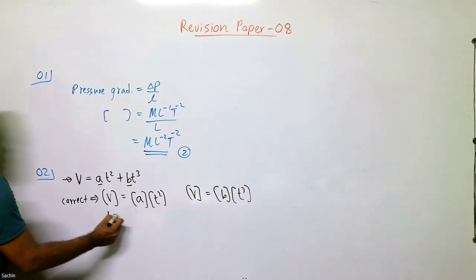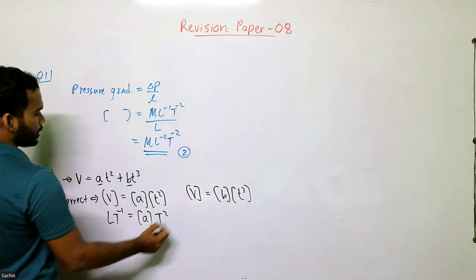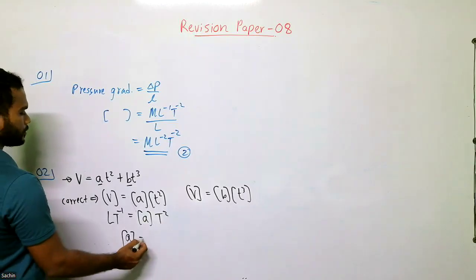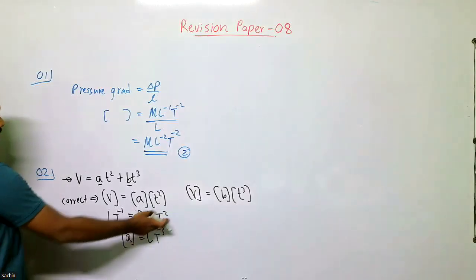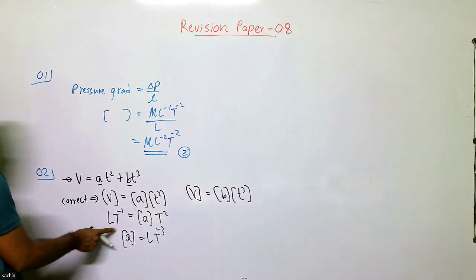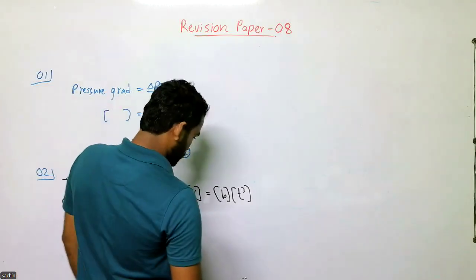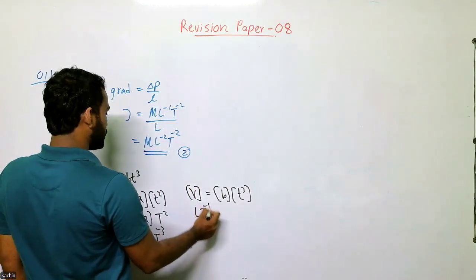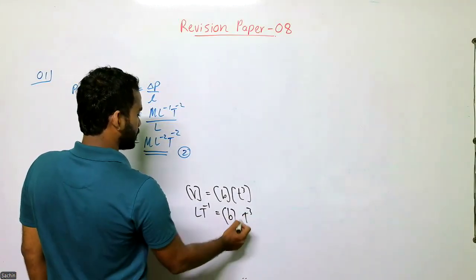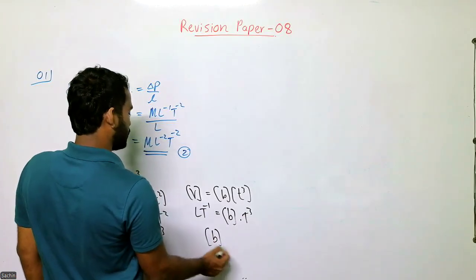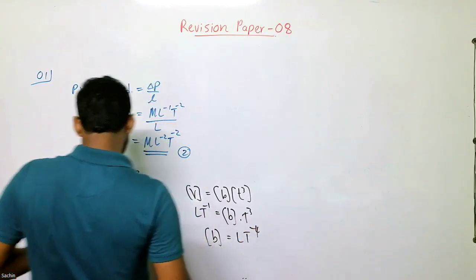So the dimensions of velocity is LT^-1. So a should have the dimensions of LT^-3, right? When you take this t squared to the other side, it will be in the numerator, so it will again go to the denominator with a minus. Here if you solve with the dimensions, b will be equal to LT^-4.